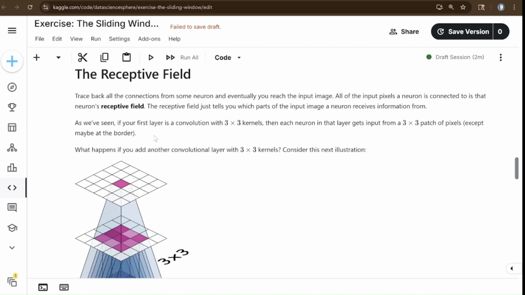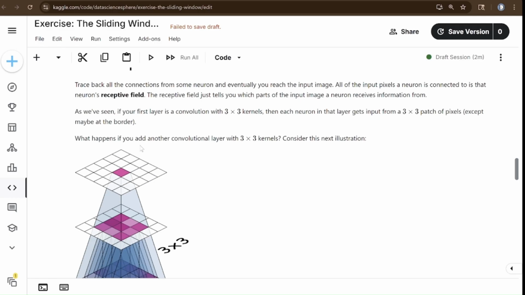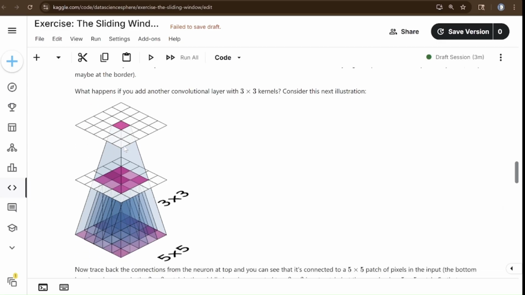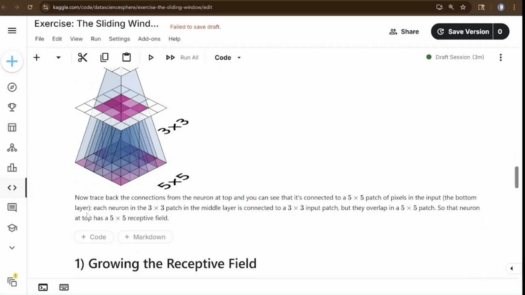Now, as you have seen, if your first layer is a convolution with a 3 into 3 kernel, then each neuron in the layer gets input from a 3 into 3 patch of pixels except maybe at the border. Okay. Now what happens if you add another convolutional layer with 3 into 3 kernels? See the illustration. See, 3 into 3, then it is getting 5 into 5. How? Now trace back the connections from the neuron at top.